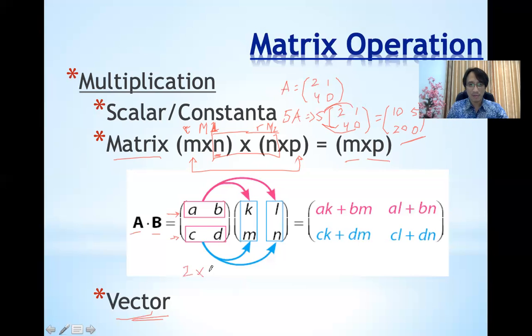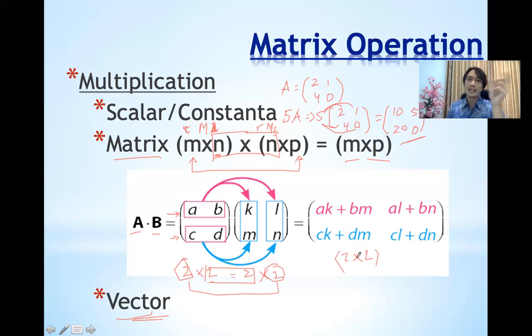And for the second matrix, we also have 2 times 2. Unfortunately or fortunately, it has the same order, so this is very simple. 2 equals with 2, and the result will be 2 times 2.